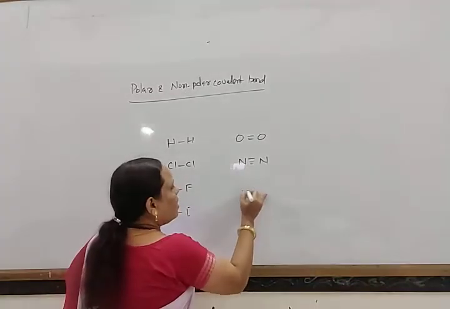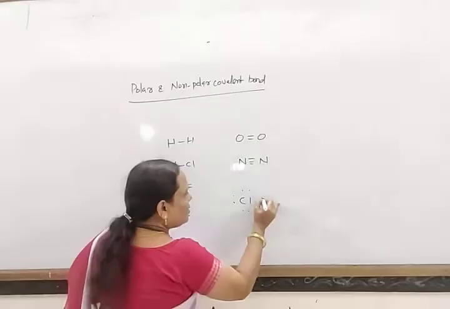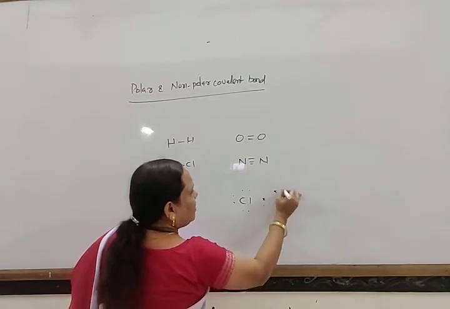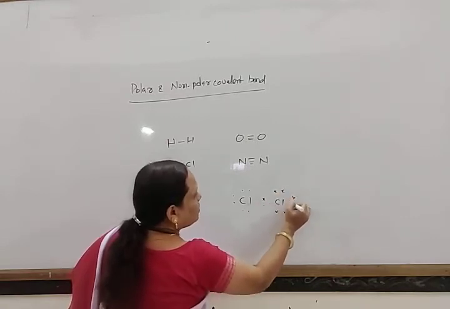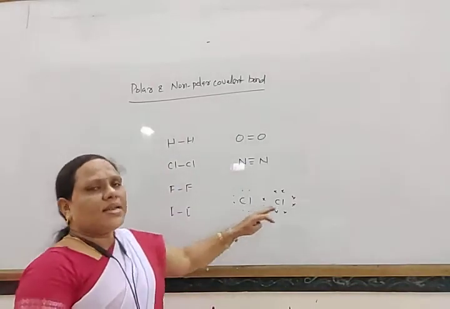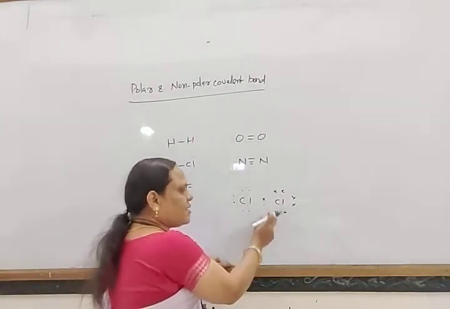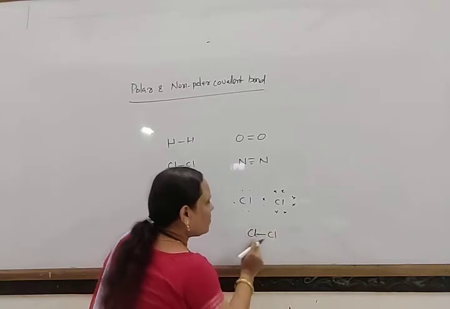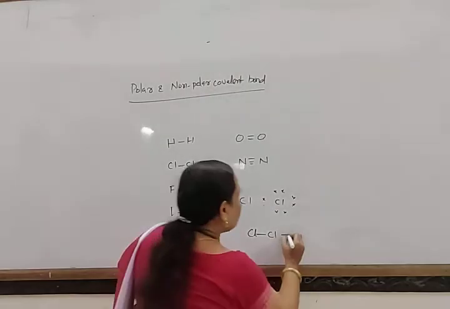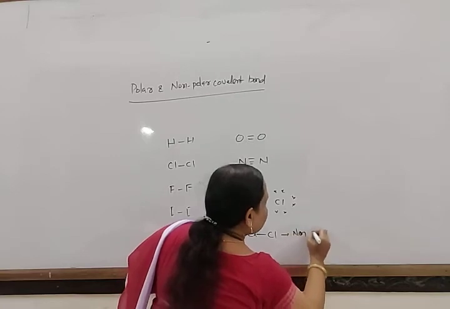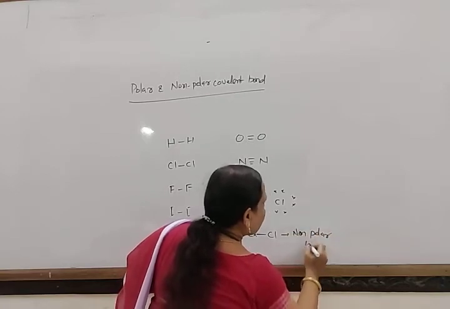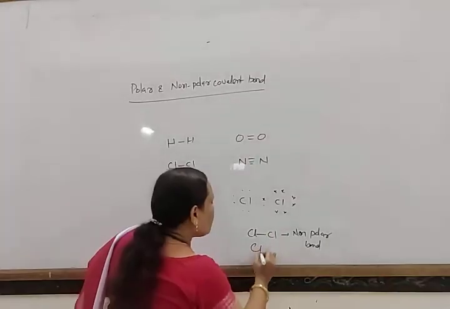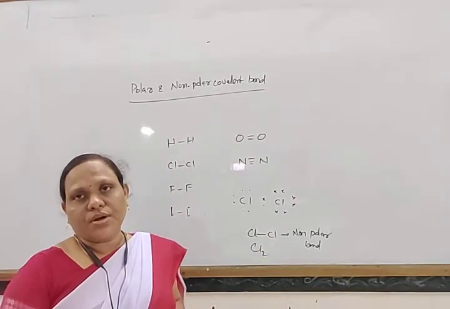These shared electrons remain exactly in between the two chlorine atoms, because of similar electronegativity. In this way, this Cl-Cl bond is a non-polar bond, and the molecule is a non-polar molecule. Chlorine is a non-polar molecule.